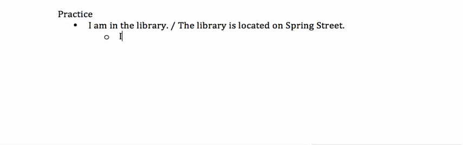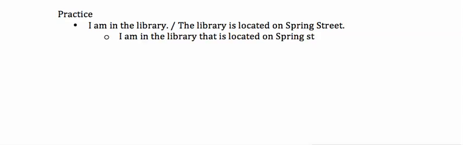So you can say, I am in the library that is located on Spring Street. The adjective clause here is that is located on Spring Street, and that is describing the word library. So that's how we say which library.